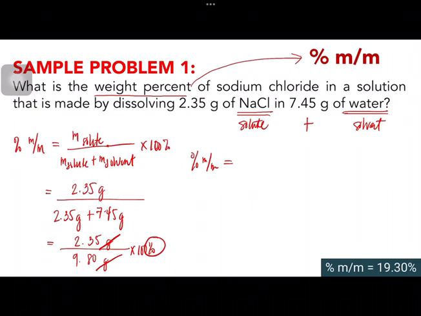So, the answer is 23.979. So, magiging 2 decimal places, so 2.38. Okay?